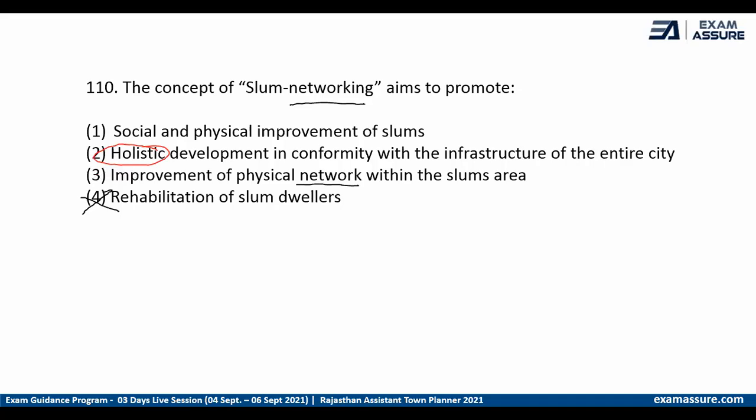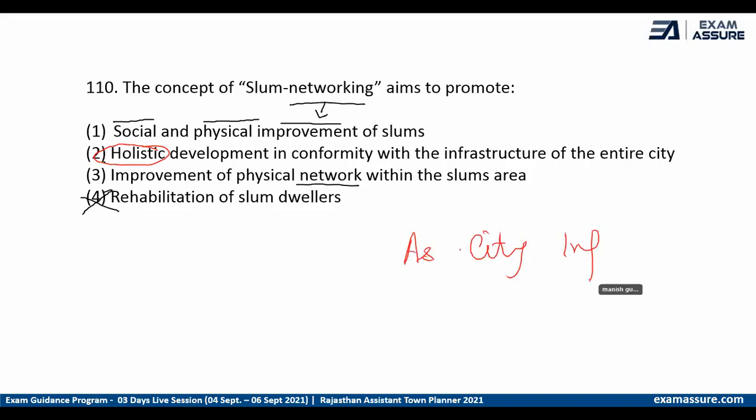The word holistic tells you something, but first, social and physical improvement is also only to confuse you with the term networking. If you look at the second option, holistic development and conformity with the infrastructure of the city, that's when you are trying to connect the slum to the entire city, which is what we mean by slum networking.